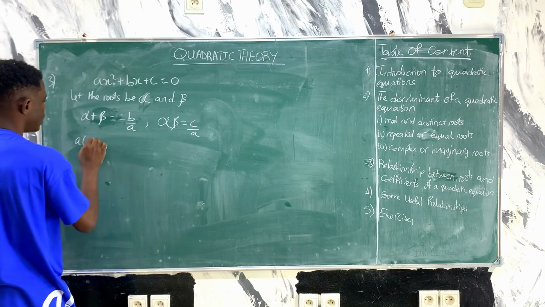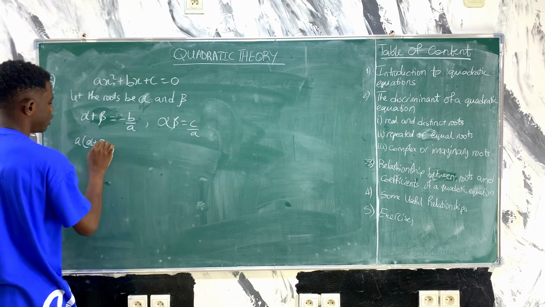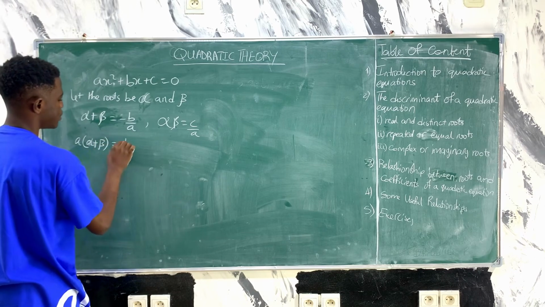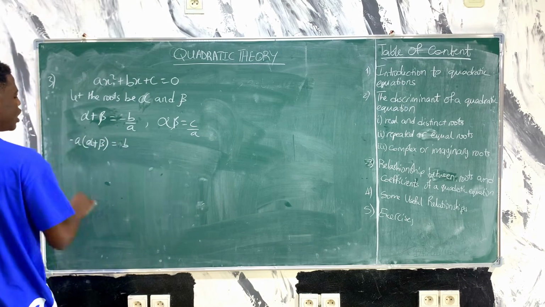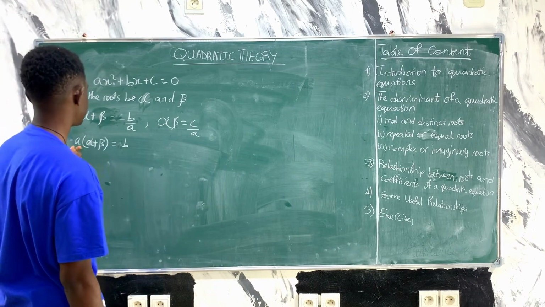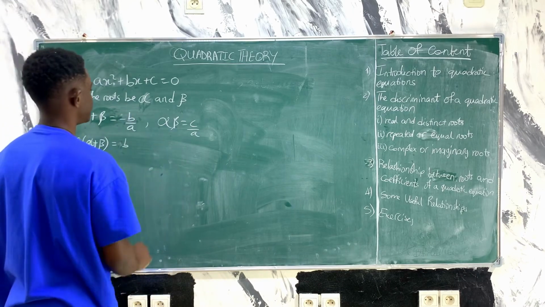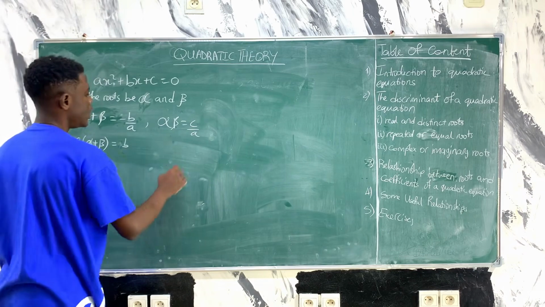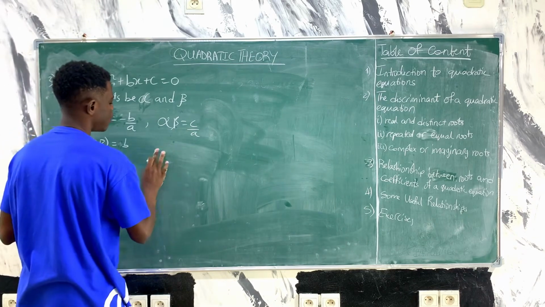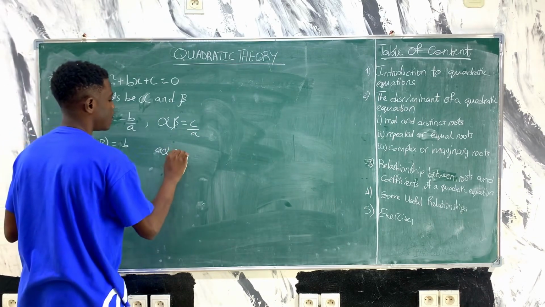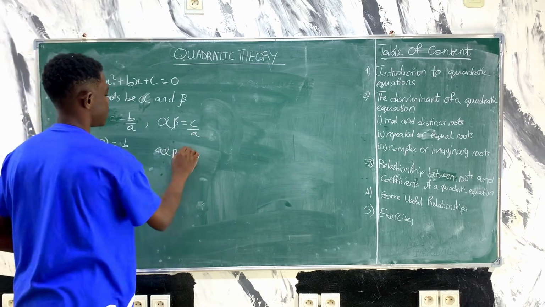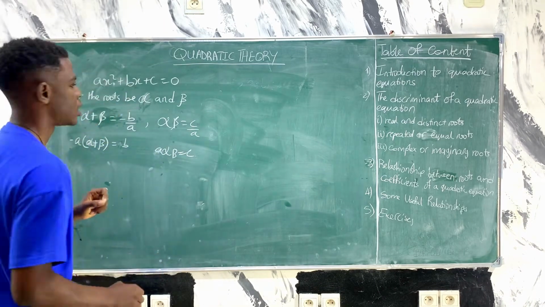We have a into alpha plus beta is equal to minus b. If you multiply all through by negative, b is this. But let's make c the subject first. Here we cross multiply: a alpha beta is equal to c.